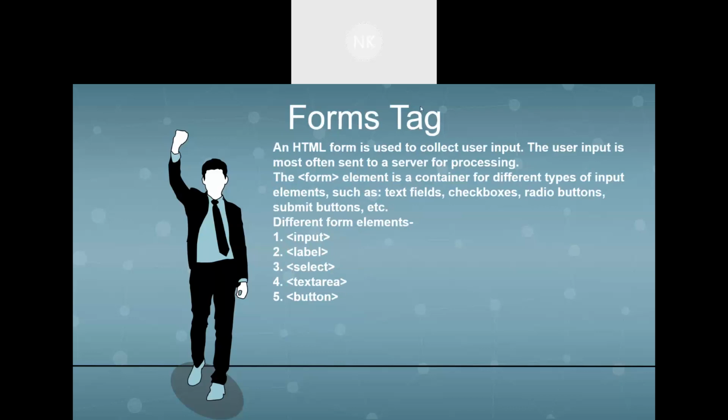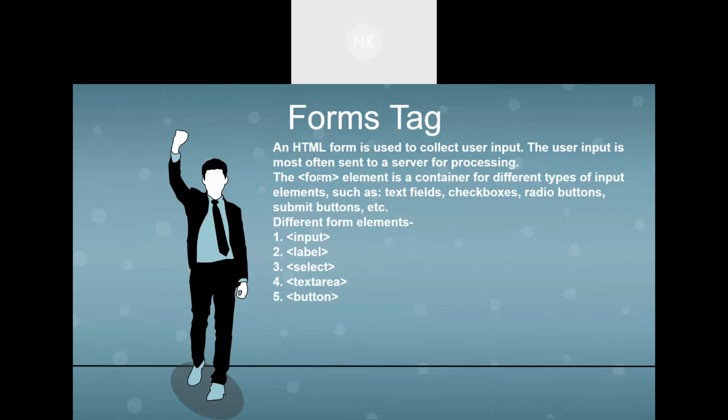Coming to the form tag, an HTML form tag is used to collect user input. The user input is most often sent to a server for processing. Basically we want a form to submit to the server, like a sign up or login form for a website.